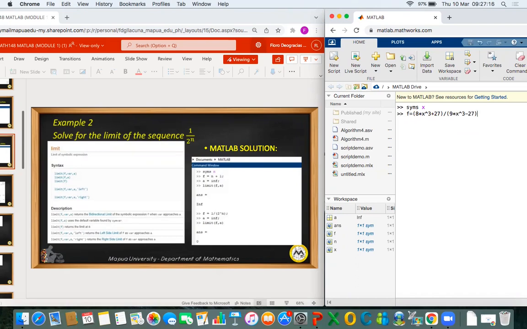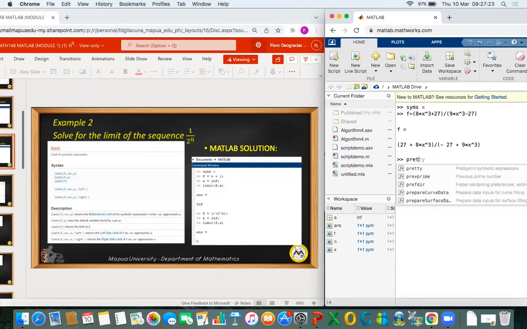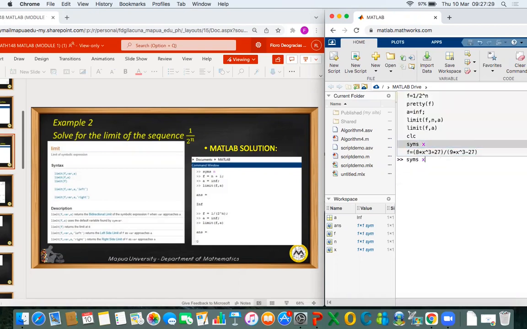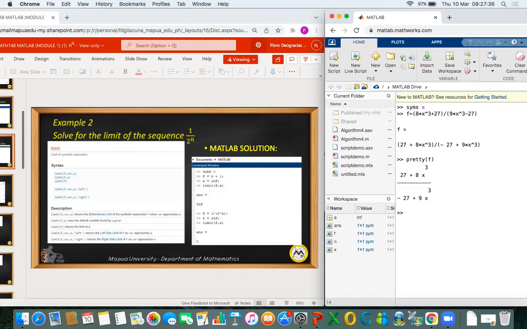Okay, so we can type again pretty(f). If you don't want to type pretty(f), just recall what you typed a while ago by using your arrow key, then press enter. Okay, so that is your given function. So then you have your indicated limit a equals infinity.